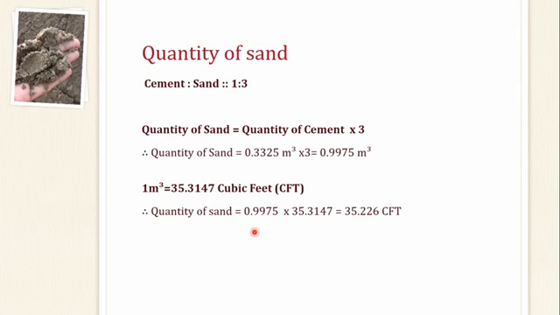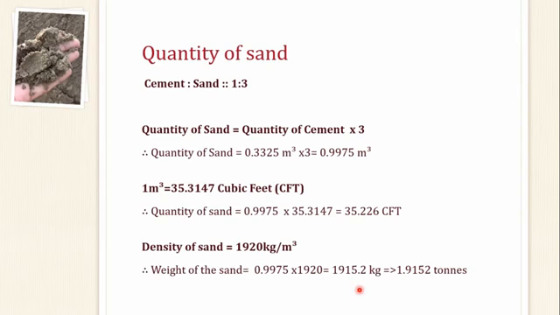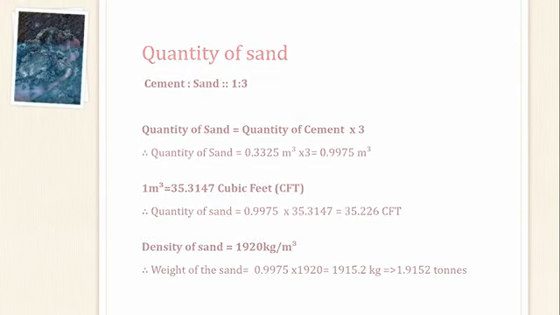That is 0.9975 multiplied by 35.3147, which gives 35.226 cubic feet. Multiply density with volume, then you will get the weight of the sand, that is 0.9975 multiplied by 1920, which equals 1915.2. And if you divide it by 1000, then you will get it in tons, that is 1.9152 tons.